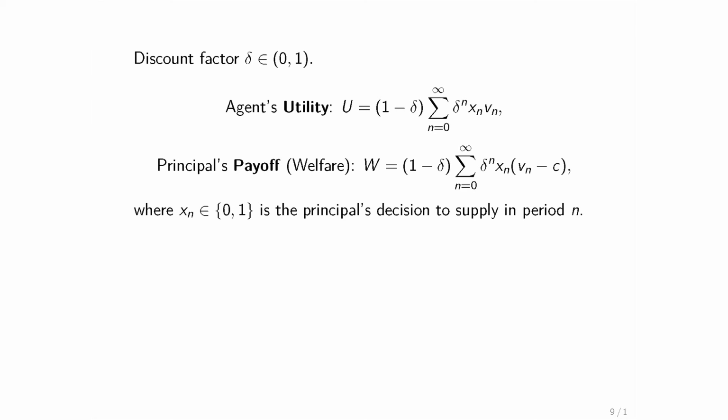So given this sequence of supply decisions, the agent's utility is the discounted sum of his utilities from consuming the units whenever they are supplied. And the principal's payoff, or welfare, is the discounted sum of the agent's utility minus the cost of supplying the unit.